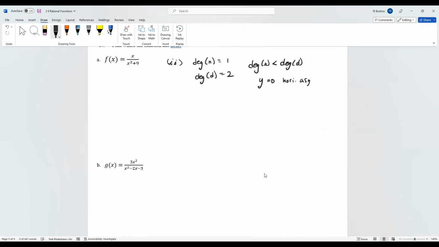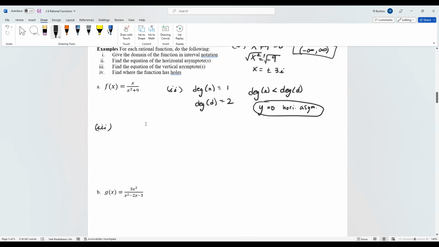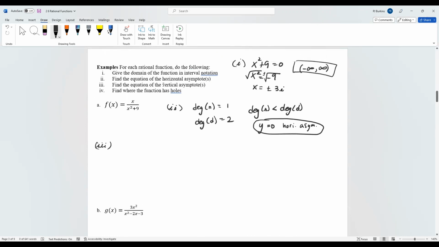Okay? Next, we would like to find if there are any vertical asymptotes. Vertical asymptotes occur when the denominator is equal to 0, right? And it gives us the roots. Well, we've already determined in part A that the roots are all complex.